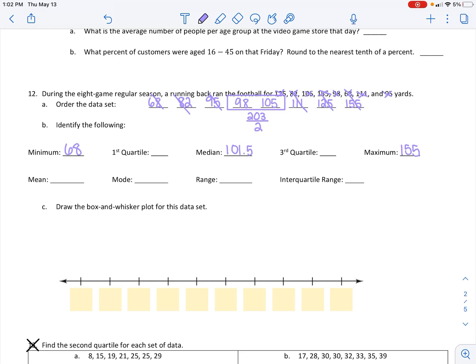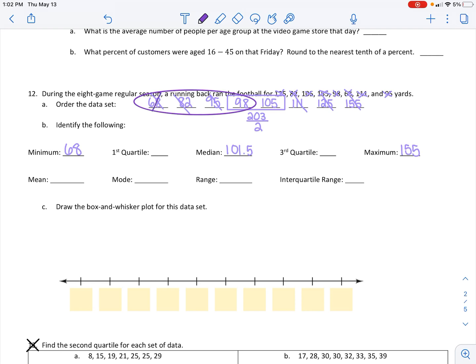If I have that, now I can look at the beginning half of my data. So that's the 68 through the 98. Okay, so I'm going to be looking at that first half of my data to find the first quartile because I'm going to find the median of that data.